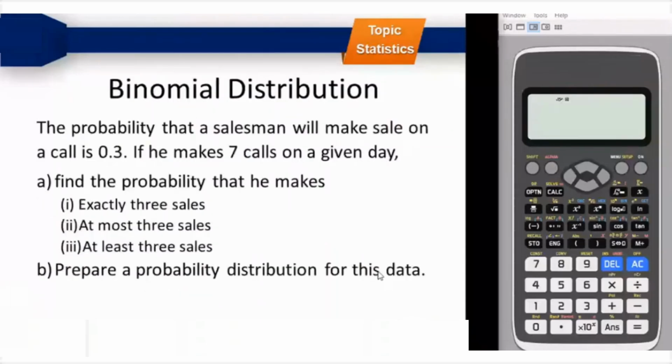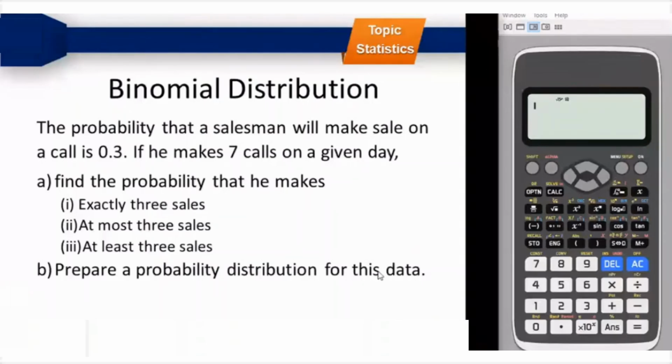The question is: the probability that a salesman will make a sale on a call is 0.3. If he makes 7 calls on a given day, find the probability. Now it's a question of binomial distribution because we have a fixed number of trials, which is 7. The probability of a favorable outcome is 0.3 because he's making a sale.